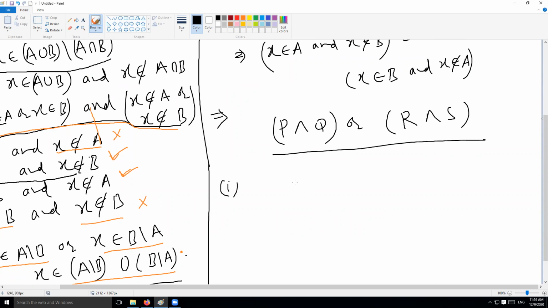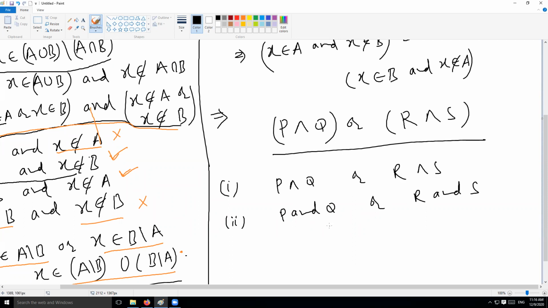So in other words, you have two possibilities. P and Q is true, or R and S is true. If either is true, then the whole is true actually. So I can say P and Q is true, or R and S is true.